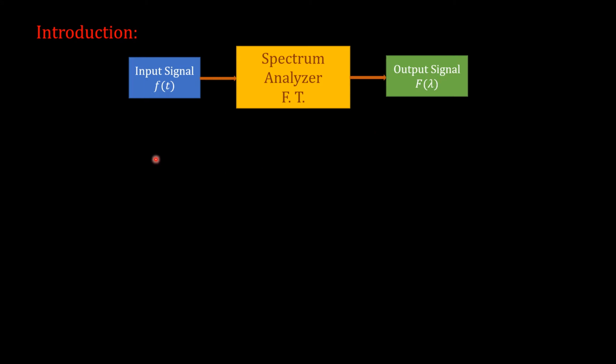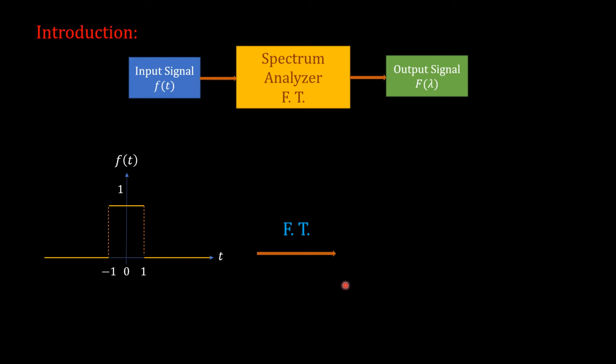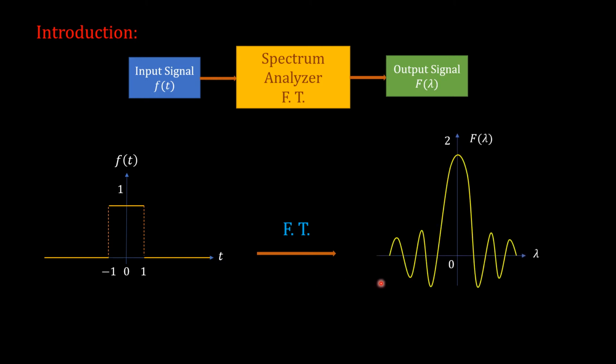So consider the example of a non-periodic function, which is a single unrepeated pulse. When we apply the Fourier transform on it, it will give us a function in the frequency domain, which is known as the sinc function. And this sinc function, see, at lambda equal to 0, gives us the maximum amplitude.